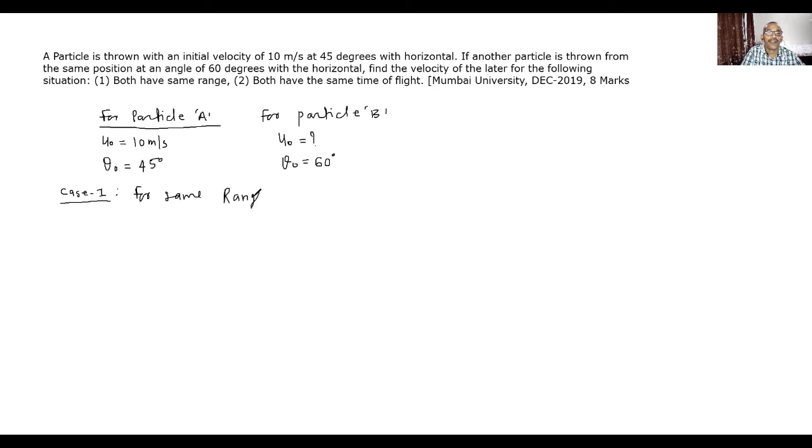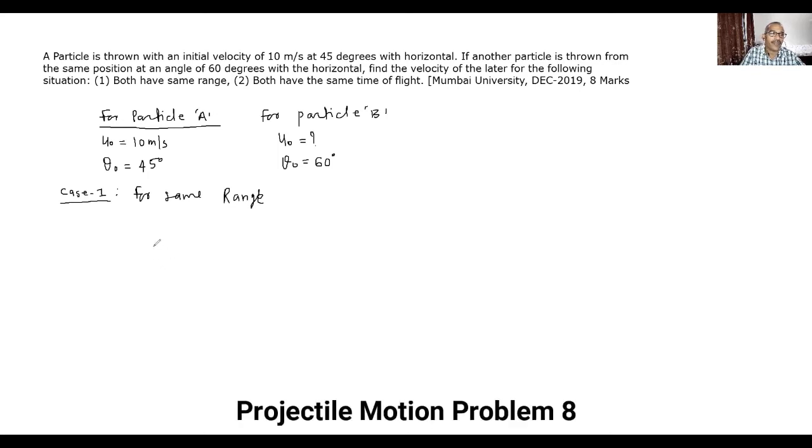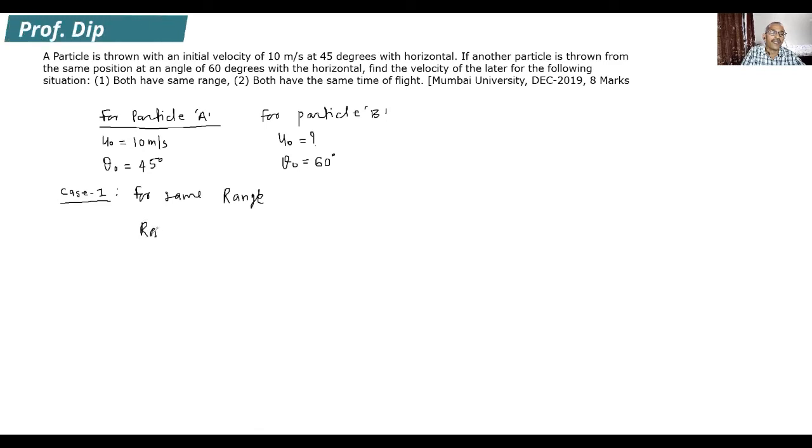That means for particles A and B, the range is the same. Therefore, you can use the standard formula of range and equate them: the range of particle A equal to the range of particle B. For range, the standard formula is u0 square sine of 2 theta 0 upon g.